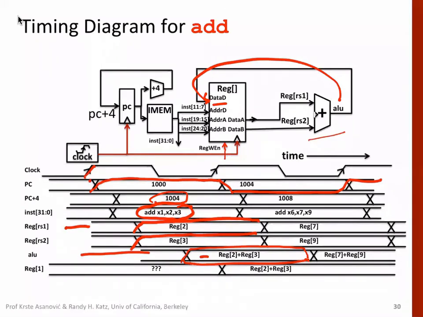All right. So what is register 1 shown here? I'm sorry. So register 1 here is actually RD, the destination register, right?